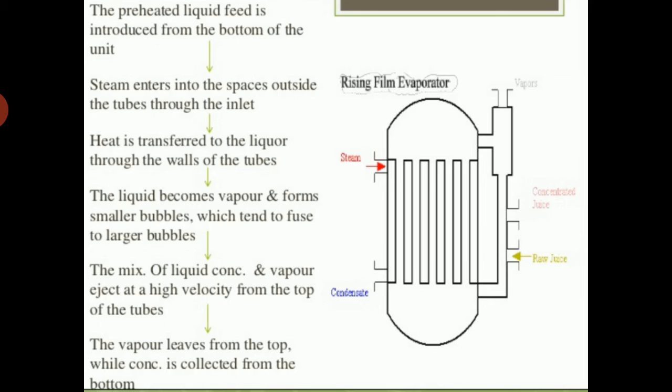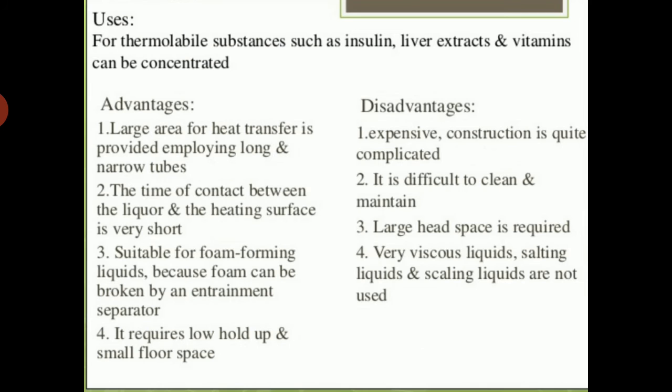Steam condensate passes to the corresponding outlet. The feed absorbs heat and the solvent gets evaporated. The vapor then escapes through the outlet placed at the top, and this process is continued until a thick liquid is formed which can be collected from the bottom outlet.